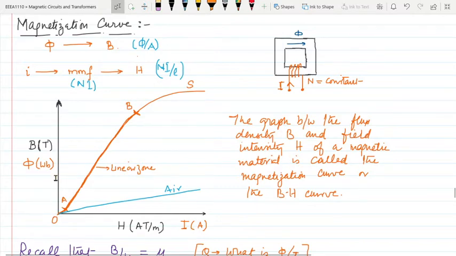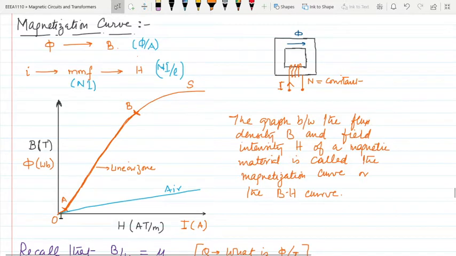So the flux will increase with the current, and in point form, or we can say in microscopic form, with the increase in magnetic field intensity, the magnetic flux density will vary basically. The variation over here, if you see, is not purely linear, right?